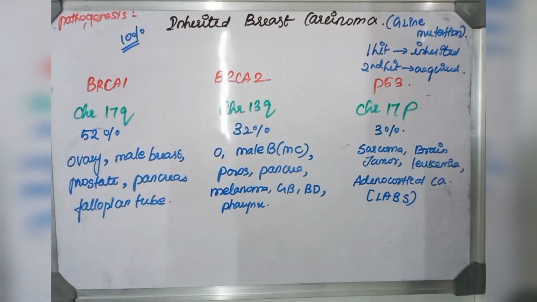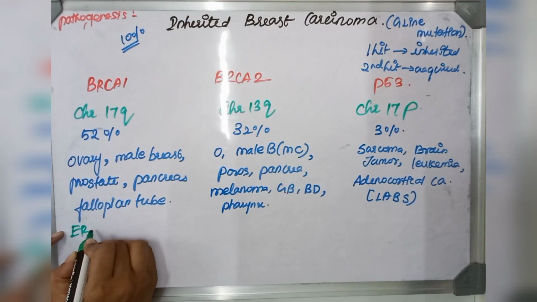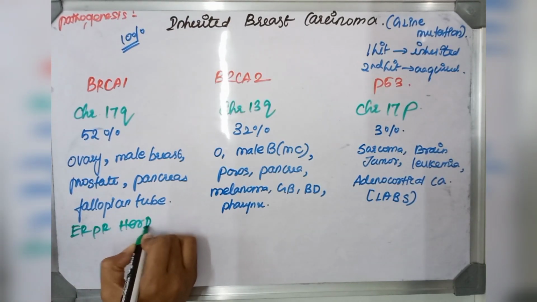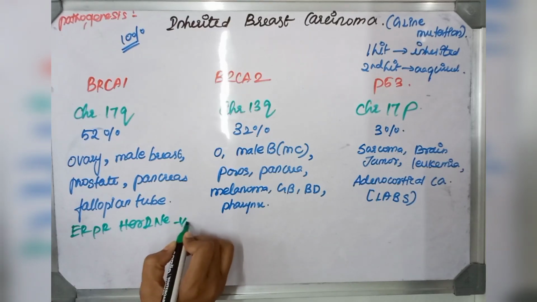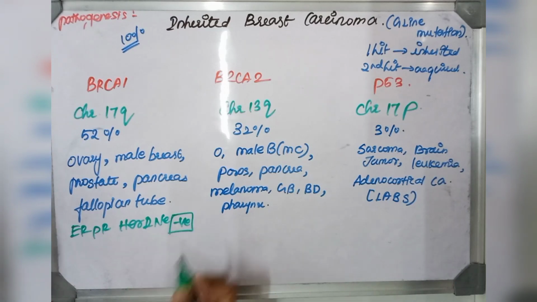And we are going to see again about receptors. So here this shows ER, PR, HER2/neu. All the three are negative. That is triple negative. All the three are negative.